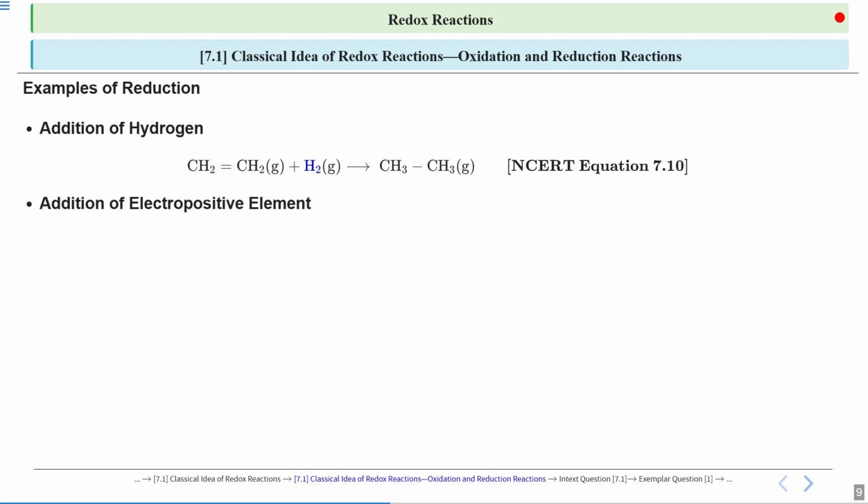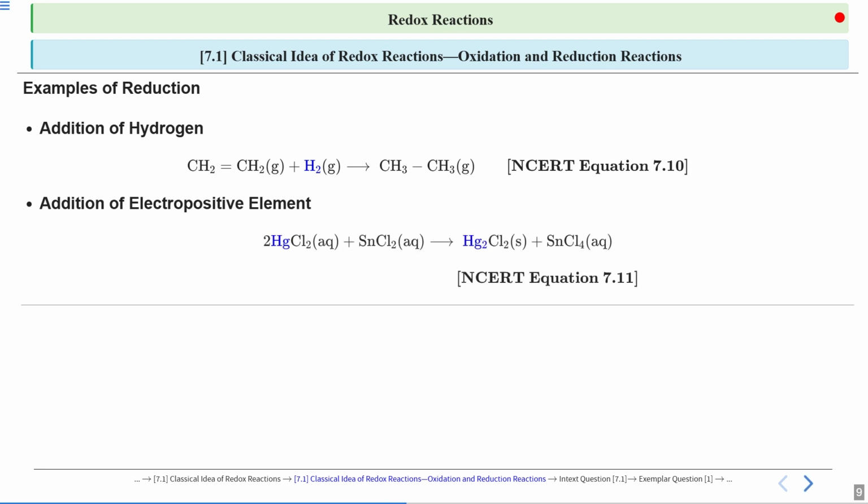Now, if you look at the addition of an electropositive element, HgCl2 plus SnCl2 gives Hg2Cl2 plus SnCl4. That means here in mercuric chloride and tin chloride, the electropositive element is Hg.